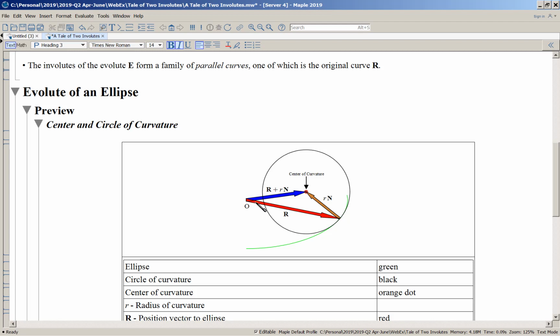Vector addition, R plus little r n puts you at this center of curvature, so the blue vector is going straight to the center of curvature.